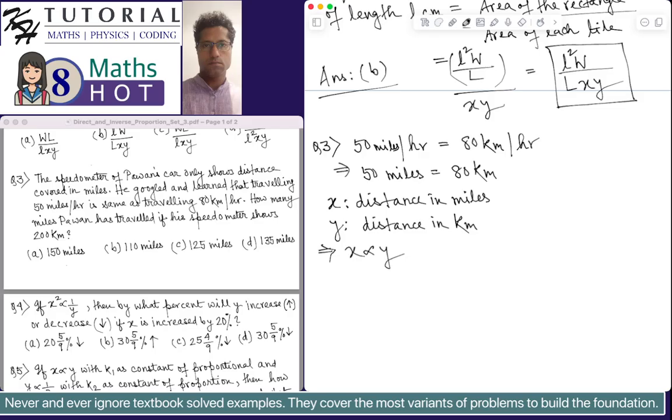That is, if you consider a specific distance, its value in miles and its value in kilometers are in direct proportion, which means the ratio of x and y will be some constant.